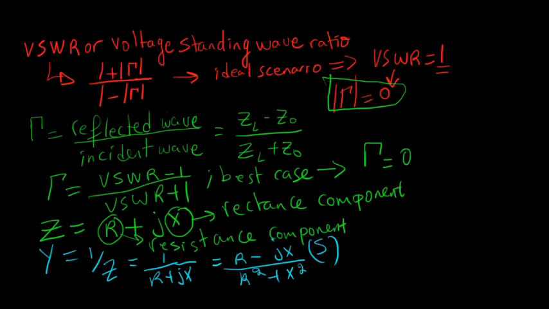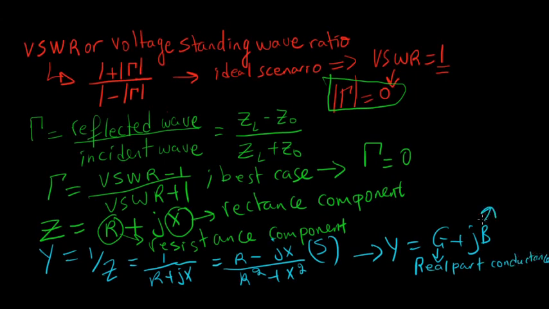So usually it's given as Y equals G plus JB, where G is the real part, conductance, and B is susceptance, and it's the imaginary part, obviously.